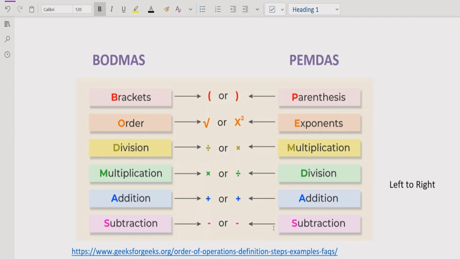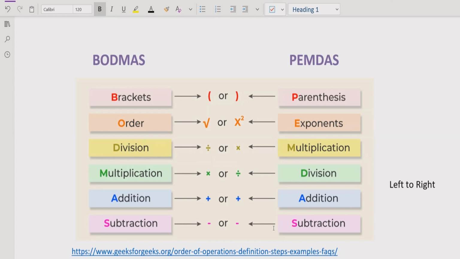According to that rule, B is for bracket and P is for parenthesis. It means that if your expression has any parenthesis or bracket, you have to solve that part first. After parenthesis, you have to solve the exponent, or any number that has a power. And after that, you have to solve the multiplication and division.